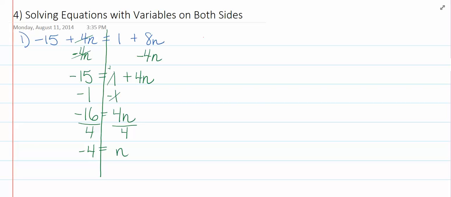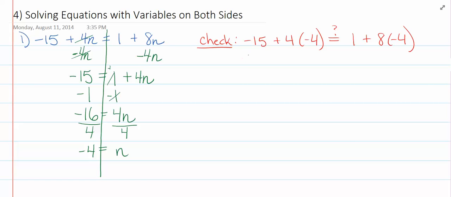Again, it's good to just check your work. I'm going to say negative 15 plus 4. n was negative 4, so let's see if this works out. 1 plus 8 times negative 4. Okay, so 4 times negative 4 is negative 16. 8 times negative 4 is negative 32.